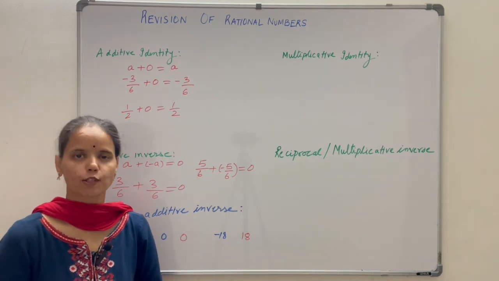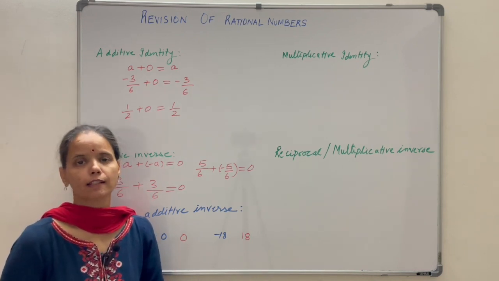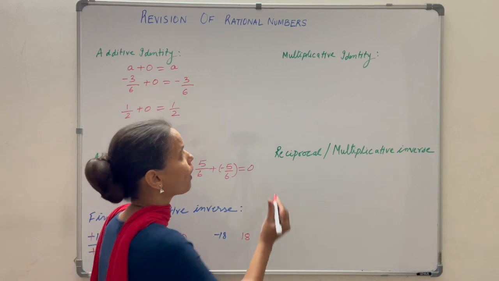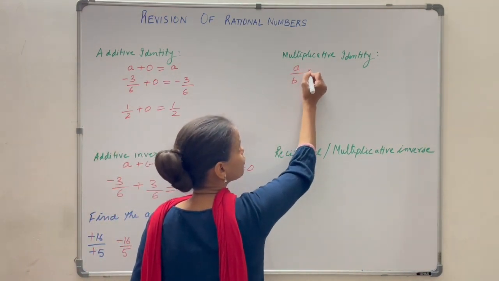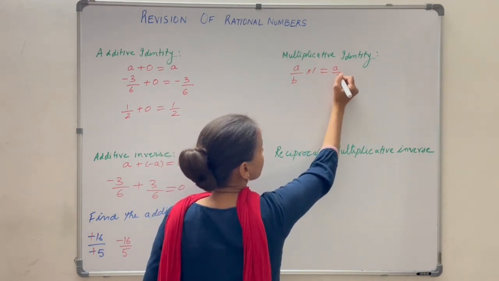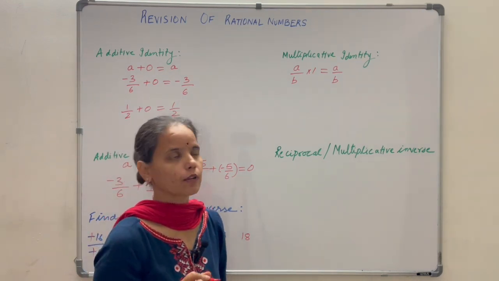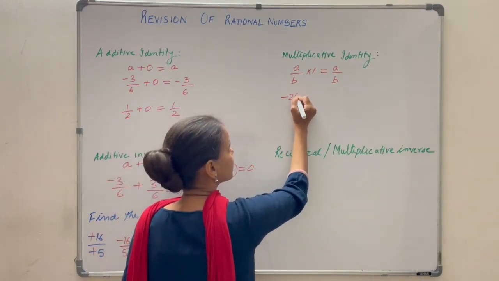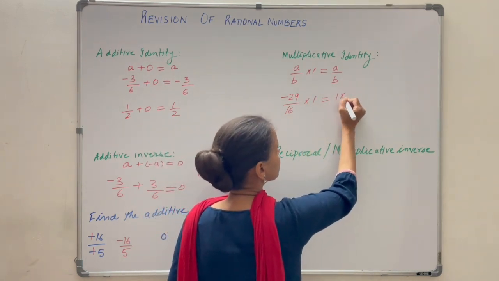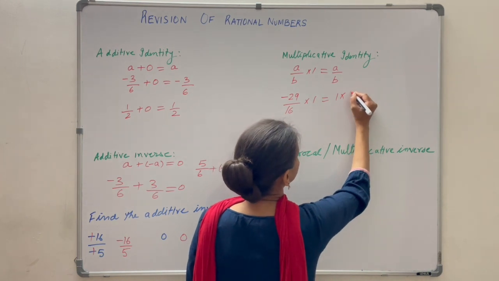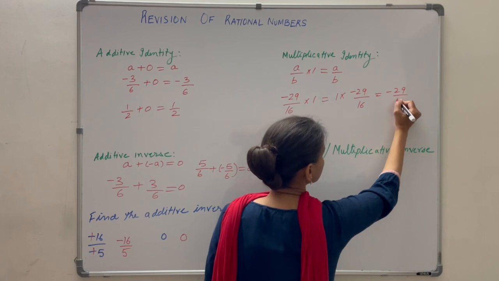Now let us understand the multiplicative identity. Multiplicative identity for natural numbers, whole numbers and integers is 1. Similarly, for rational numbers also it is 1. That means whenever you multiply any rational number, say a by b, to 1, you are going to get a by b. Okay. So if I give you one question, for example, minus 29 upon 16 into 1 is equals to 1 into minus 29 upon 16 equals to minus 29 upon 16.